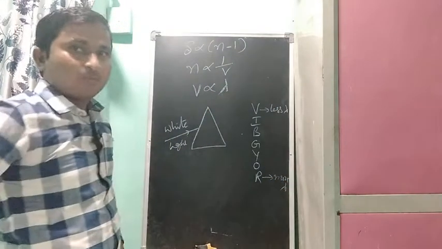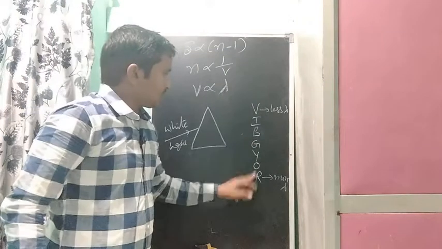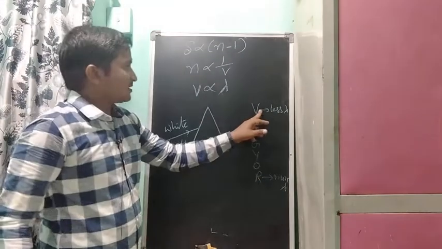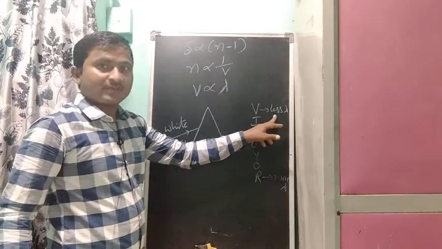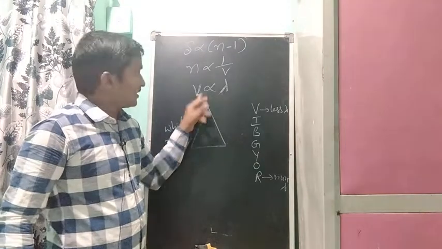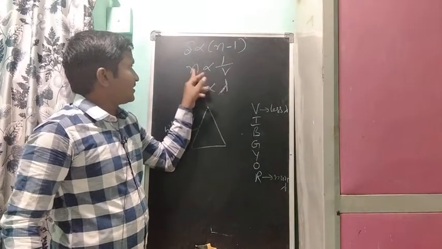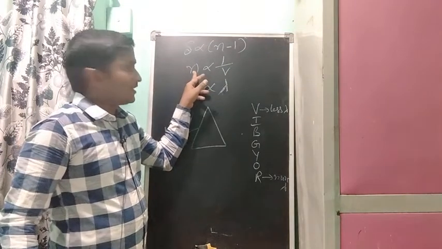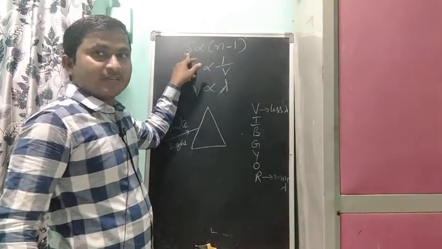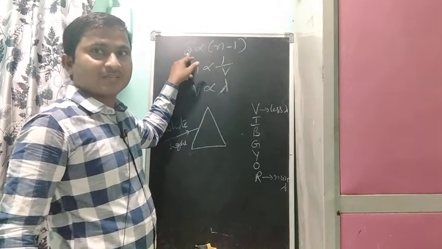That means as we move from violet to red, the wavelength of light increases. Here, first, violet having less wavelength, automatically the speed of light is less. If the speed of light is less, refractive index is more. If the refractive index is more, the angle of deviation is more.